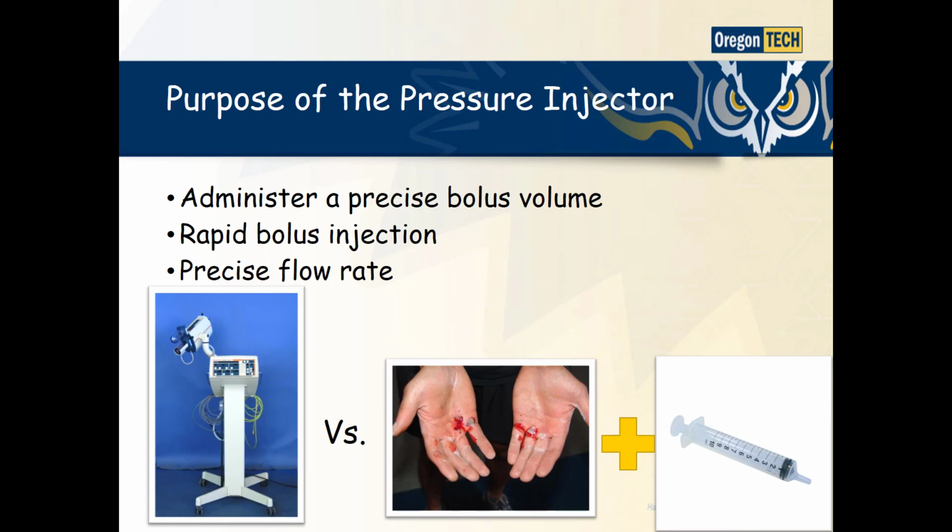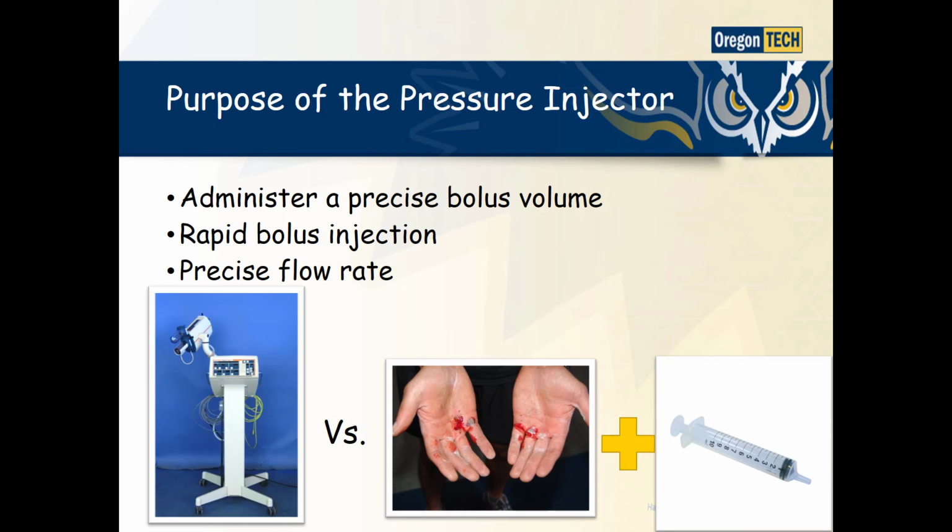The purposes for pressure injector use. Okay, there are three main purposes for using pressure injectors. First is to administer a precise bolus volume. In other words, we want to be very exact about it and for specific vessels.